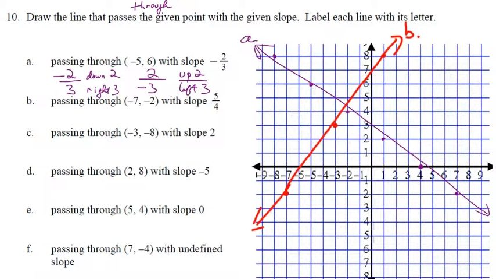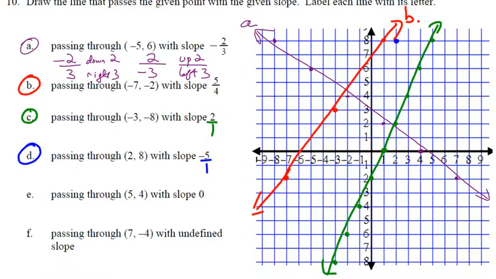Okay, so I'm going to hit pause. I'm just going to work through the rest of this. So slope's negative 5. I write that as negative 5 over 1. Plot the point 2, 8. Go down 1, 2, 3, 4, 5 down, and 1 to the right. Go 1, 2, 3, 4, 5 down. There we go.